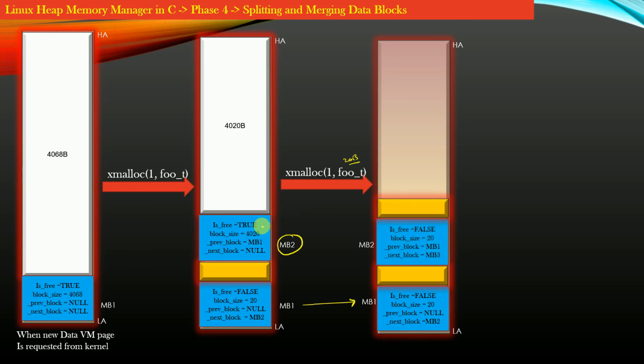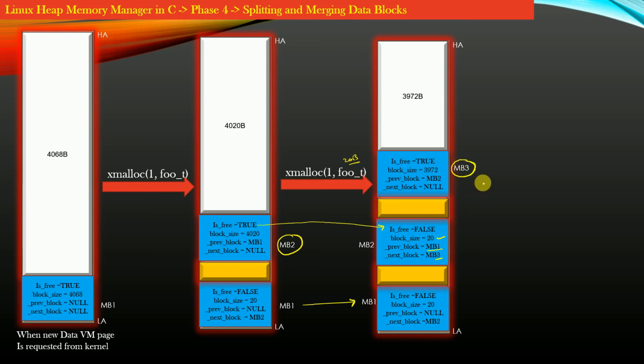So you can see that isFree is set from true to false, the block size is set to 20 bytes, the previous block is updated to MB1 and the next block is updated to MB3. We are going to create a new meta block MB3 because we need to store the meta information of the rest of the virtual memory page which is still available for memory allocation, right?